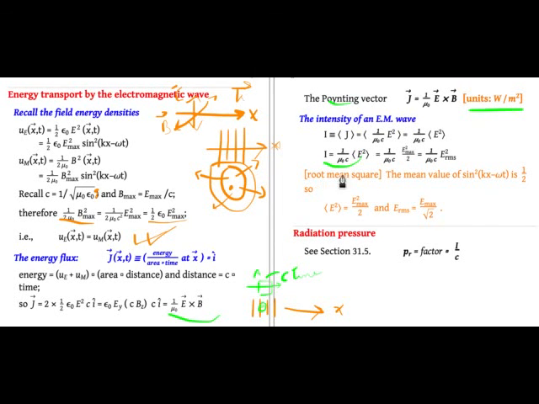And we also define root mean square. We define the root mean square of E, so E RMS, is the square root of the average of E squared.